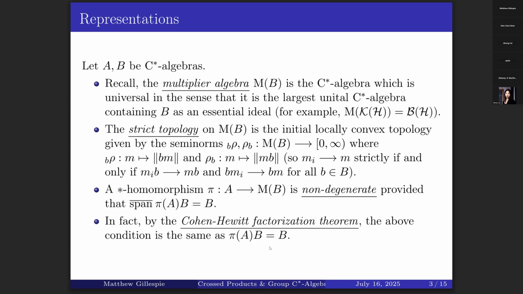So given any b in B, this will be embarrassing with my handwriting, what this is really saying is that I can actually write b as a factorization: pi of some a times some b prime.